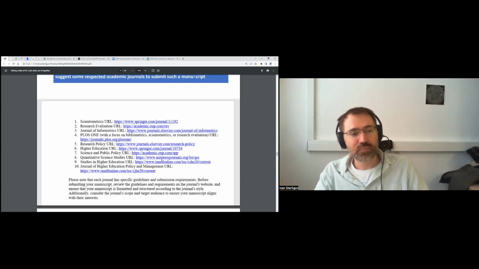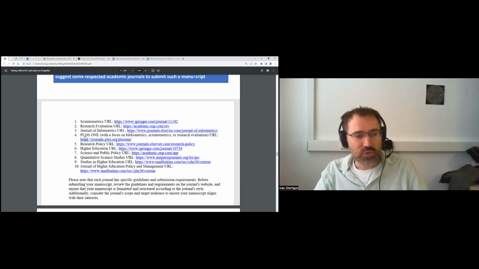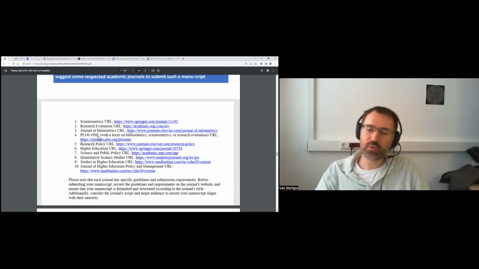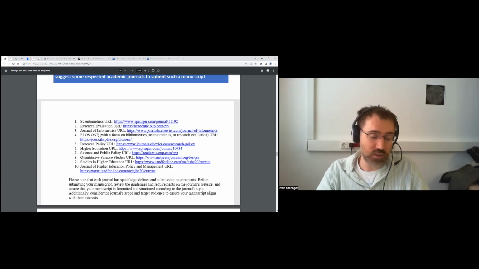suggests journals from all the publishers. And it also has some valid links to the sites of these journals. And it also has comments because, for example, PLOS ONE is a journal which is not a journal about bibliometrics, scientometrics, or research evaluation, but it is really popular in these areas.